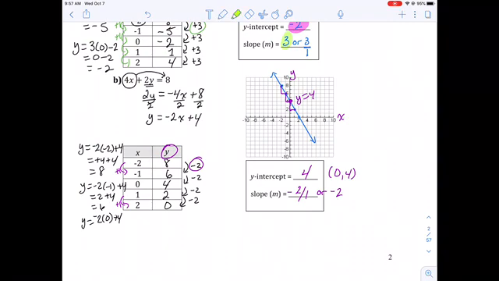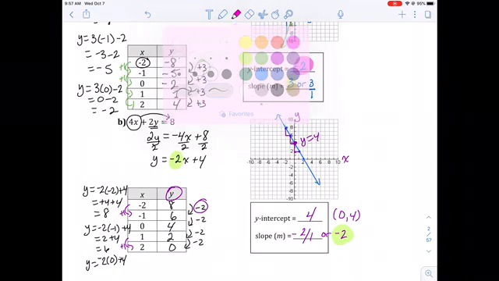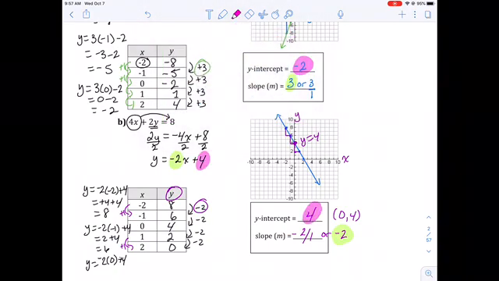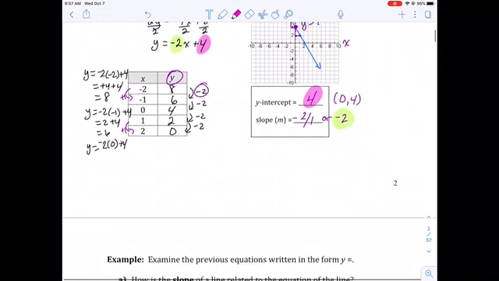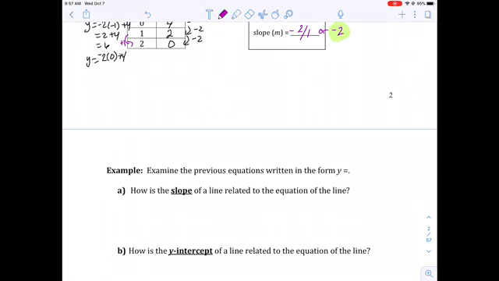And let's look at our equation again. It looks like that slope of -2 is right there in front of the x where we thought it would be. And it looks like this y-intercept of 4 is right there. That's the constant on its own. So I think we can see that if we have our equation in the form of something x plus something, this first something in front of the x is the slope, and this last constant by itself is the y-intercept.